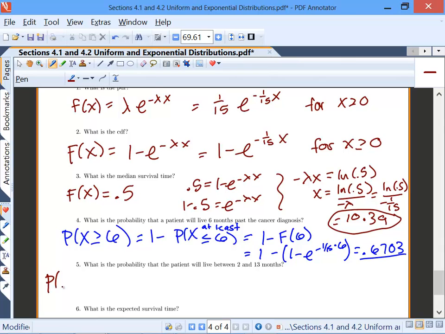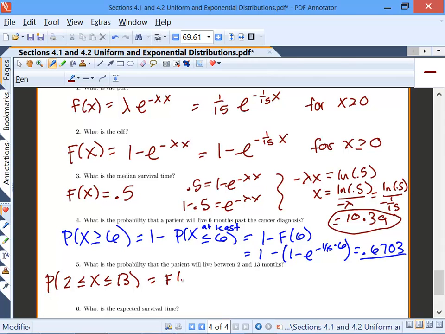For the next one, the probability that they live between 2 and 13 months, so x is between 2 and 13. Again, I could use the PDF or I could use the CDF. I'm going to use the CDF just so I don't have to integrate.